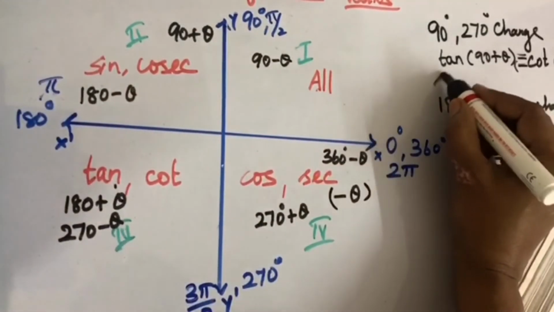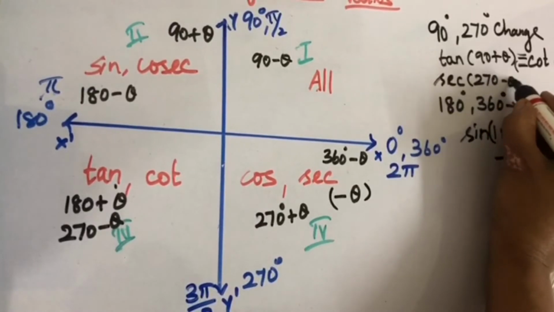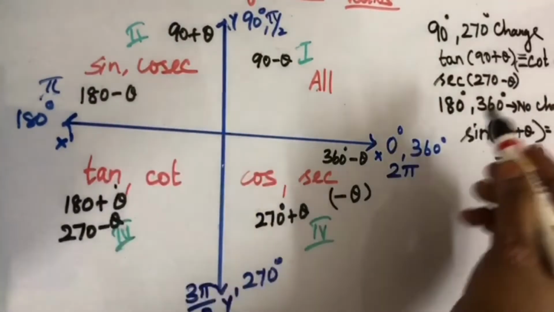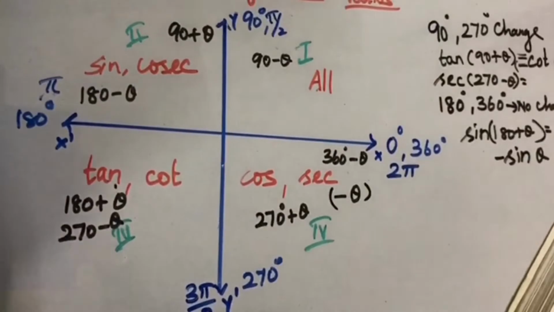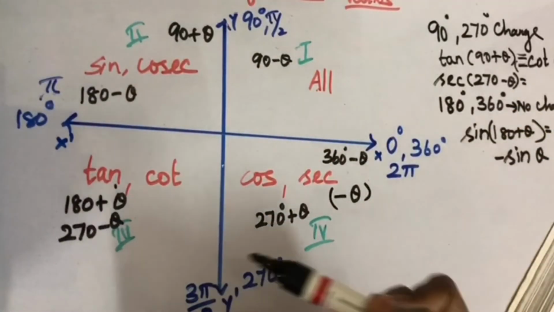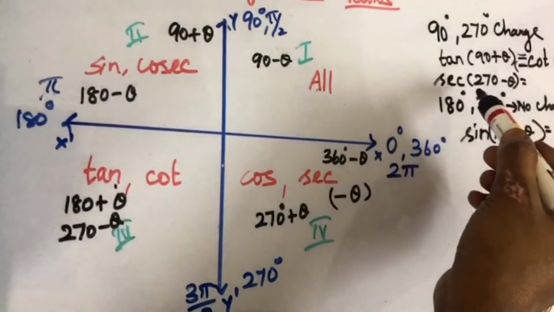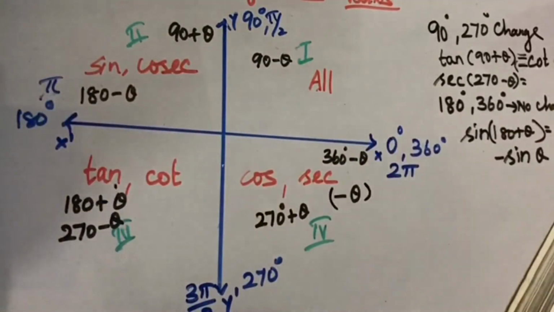Similarly, secant 270 minus theta. Secant 270 minus theta. So 270 minus theta, it comes in the third quadrant, but for 270 the ratio changes.